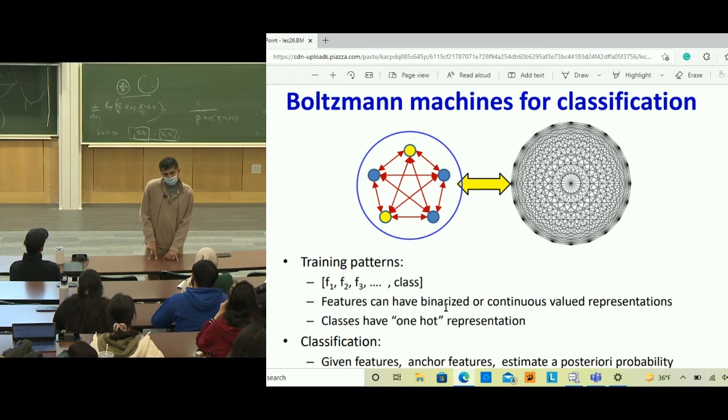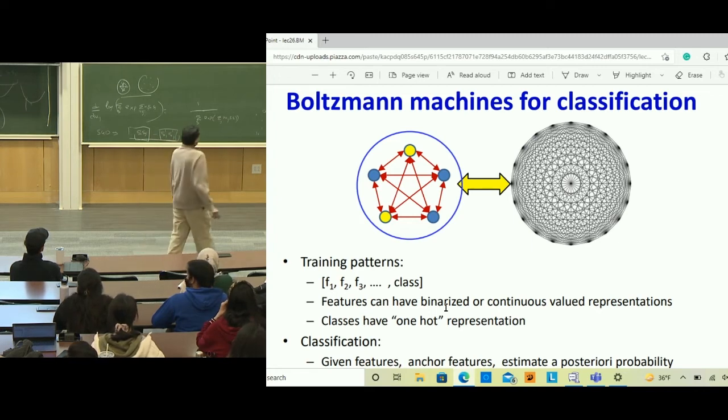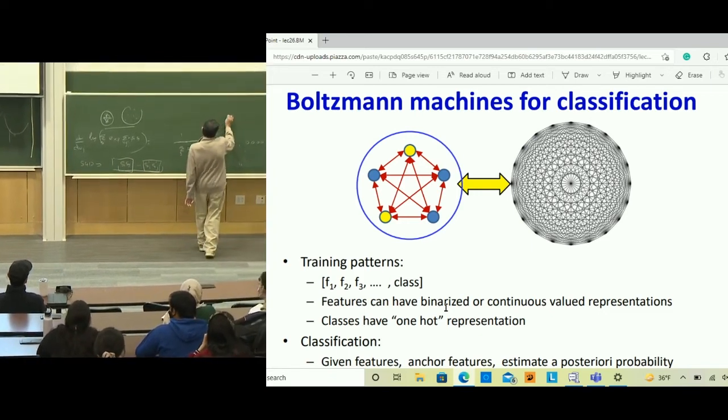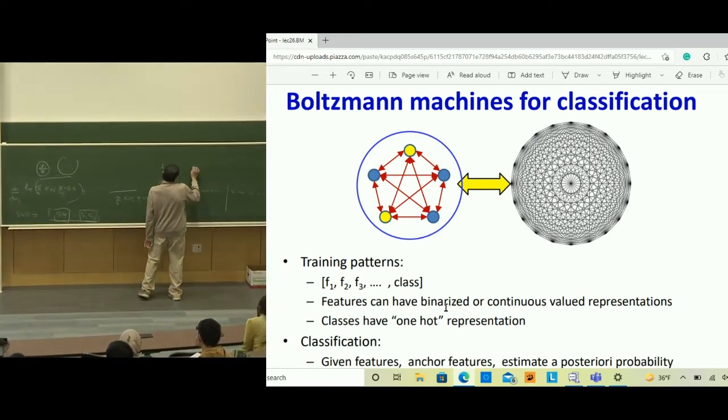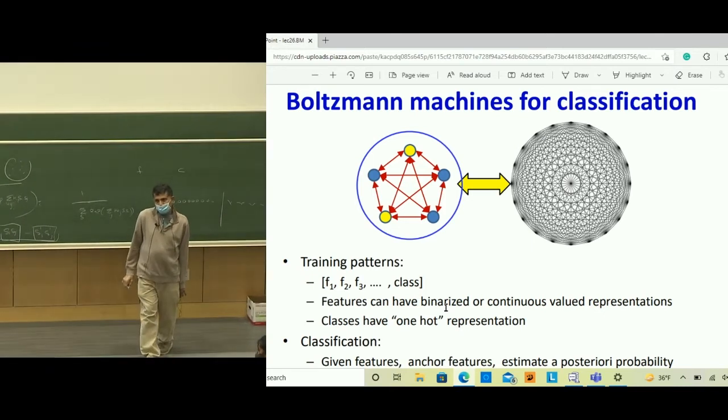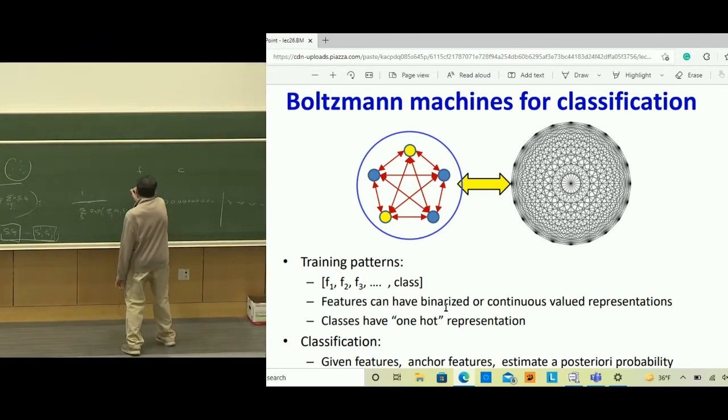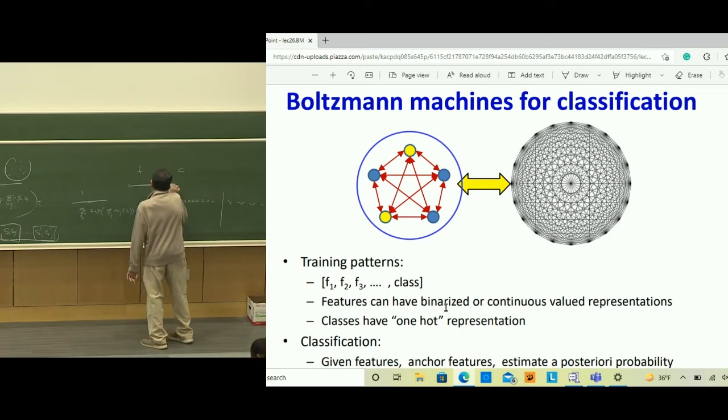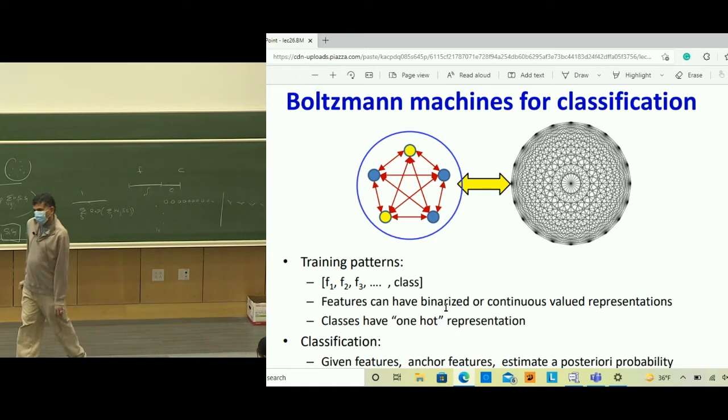How so? Here's how. I have some features. I have a class, correct? So if I have features and a class, I can think of the features and the class as one extended vector, right?